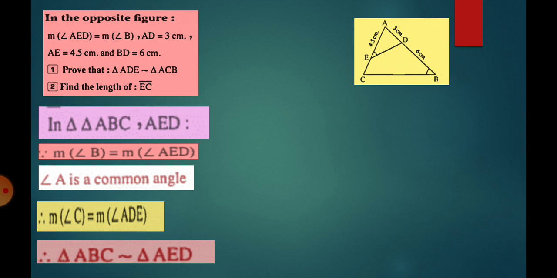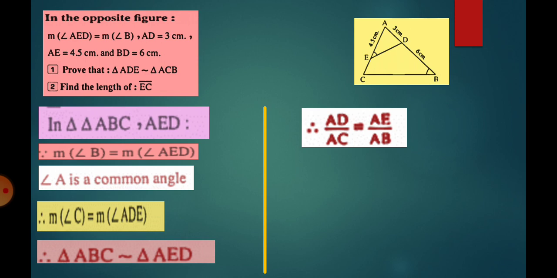Now write the corresponding sides. Corresponding sides are proportional. Then, starting from the smaller triangle, AD over AC equals AE over AB equals ED over BC. AD is 3, AC we don't know, AE is 4.5 and AB equals 9 centimeters. We want to find the length of AC.